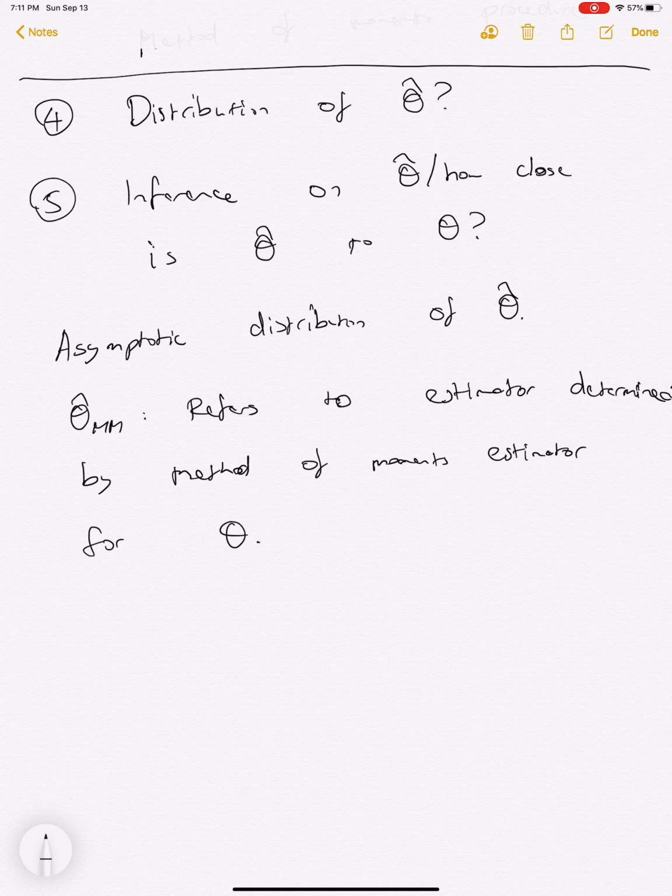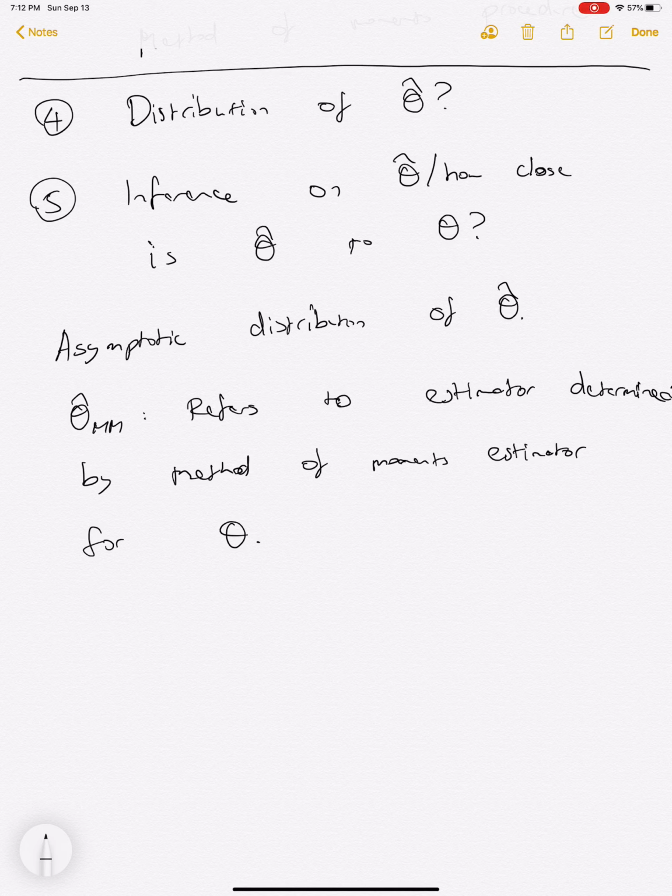But we've already seen two different estimates for the sample variance, the one with the n minus one and the one with just one over n. Those are different, even though they're pretty similar apart from a different factor. But you're going to potentially get very different estimators, and you need to somehow distinguish between them. So that subscript refers to the fact that you're using the method of moments procedure.